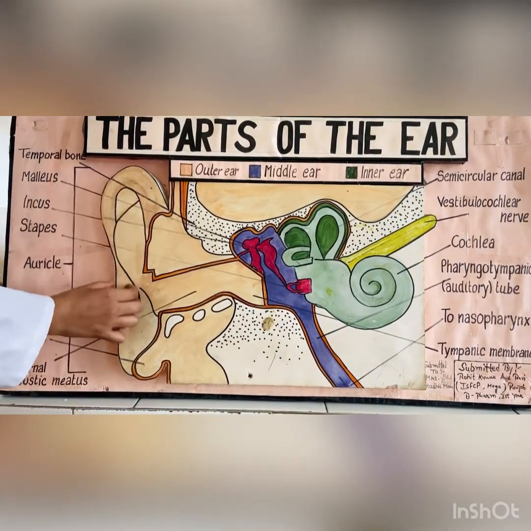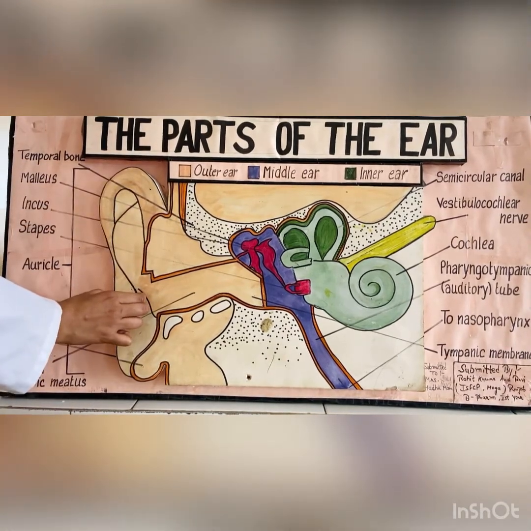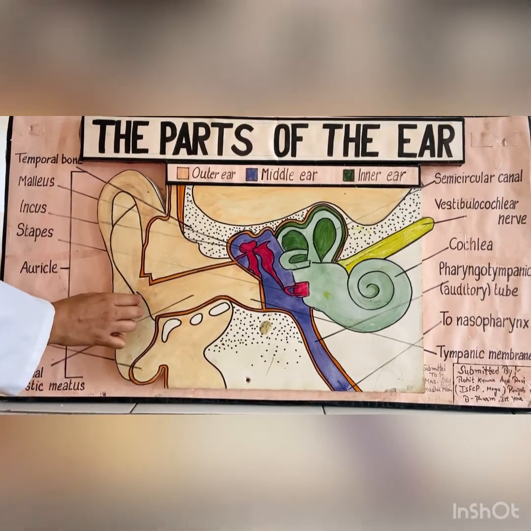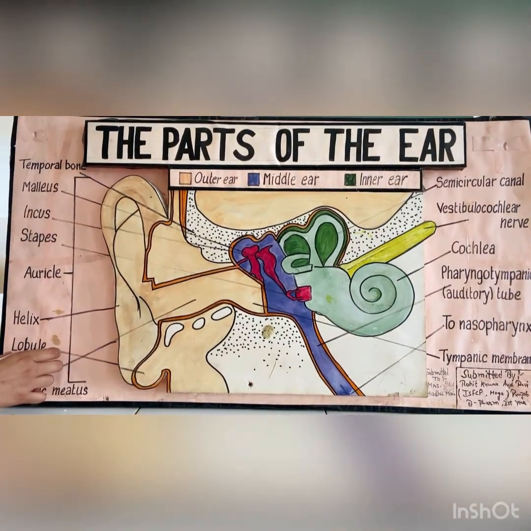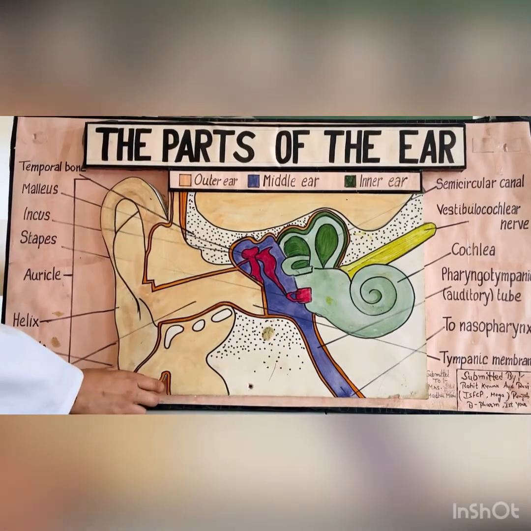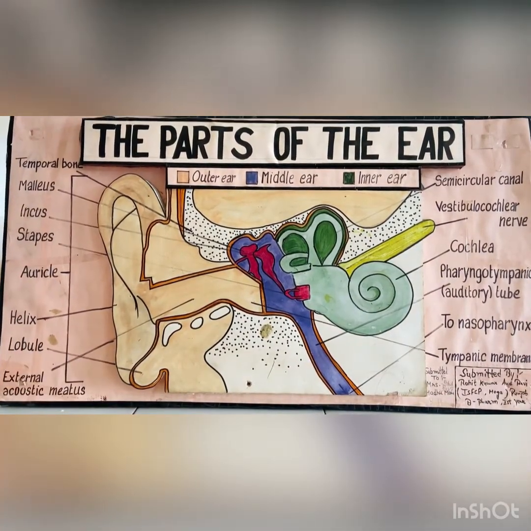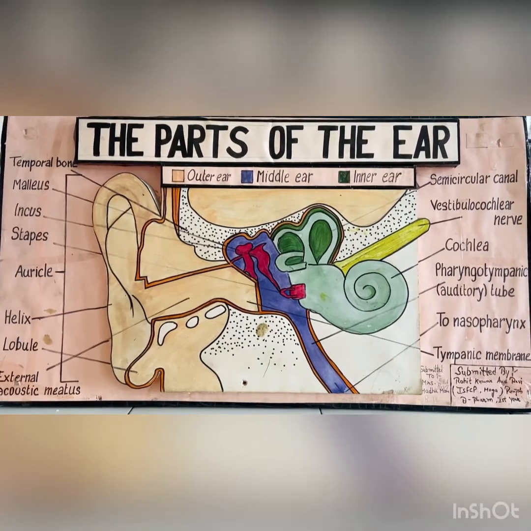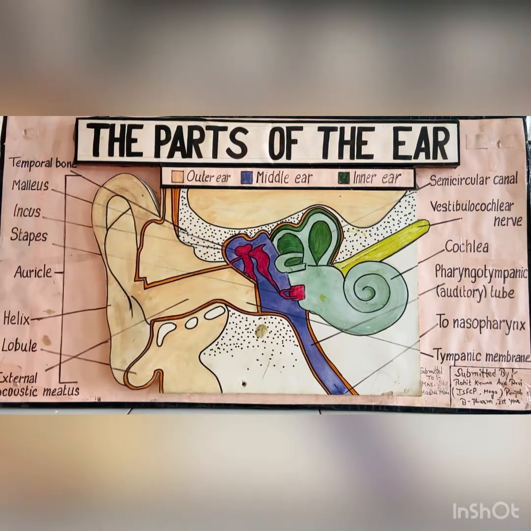It is shown here, starting from this part. Then there comes the lobule. The lobule is the lower extremity of the auricle, composed of fibrous and adipose tissues, and it is highly supplied with blood vessels.